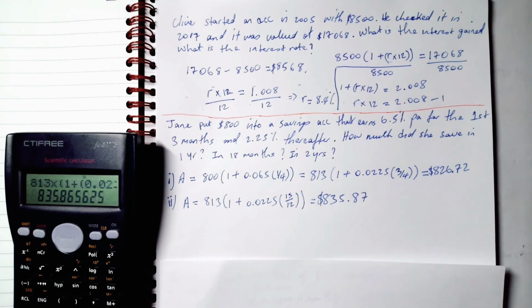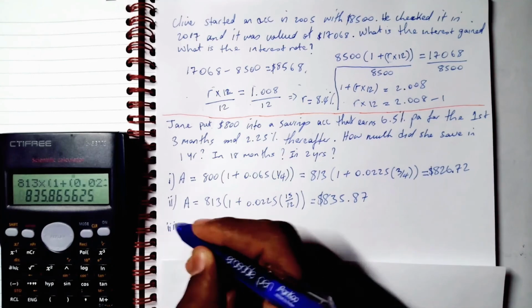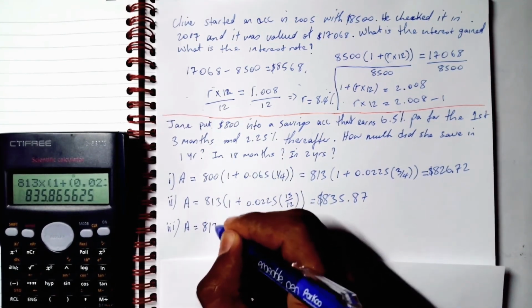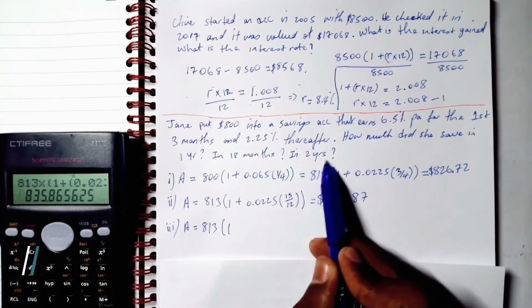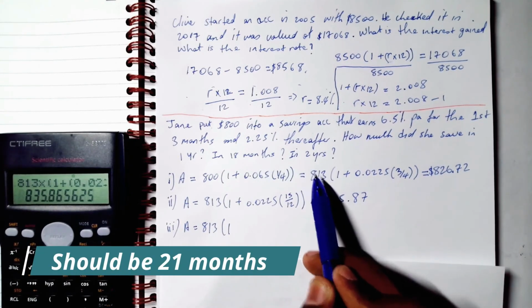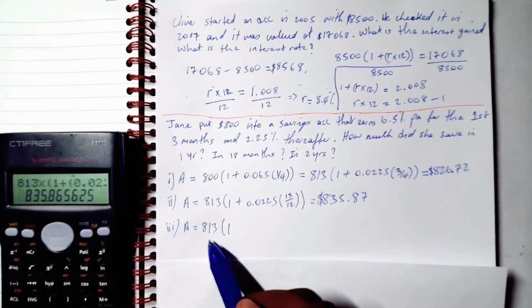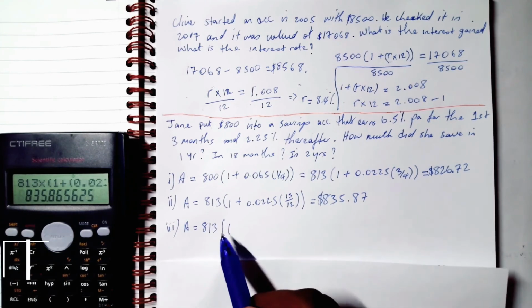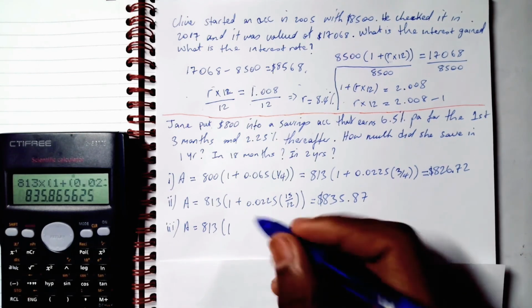And we do the same thing for the 2 years. We accumulate the 813 for the remaining 18 months because we already did the first 3 months at this rate and got this value. So we're going to accumulate this value for the remaining 18 months, which is 1.5 years.